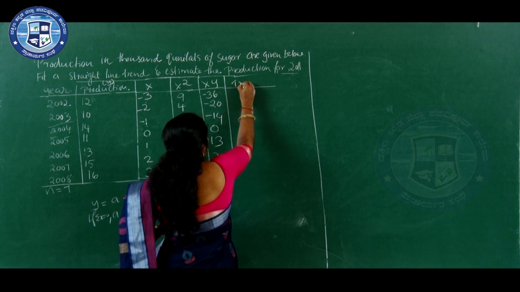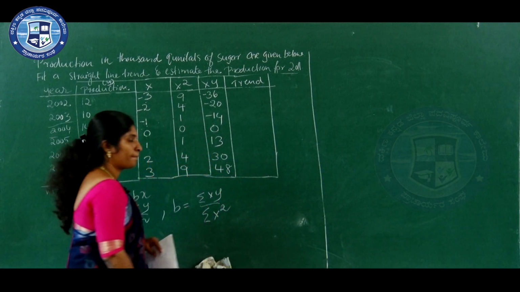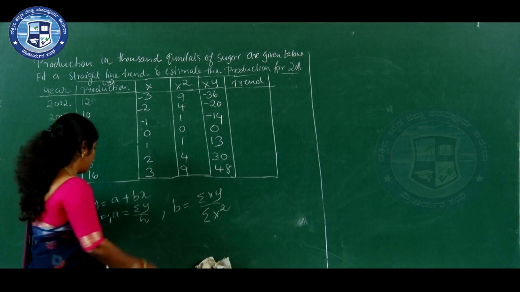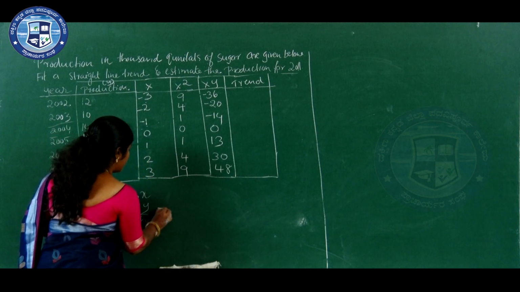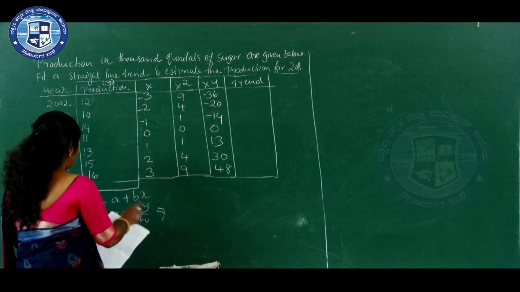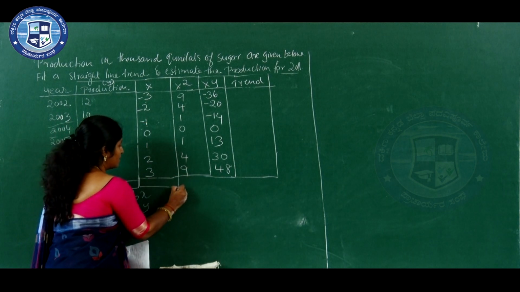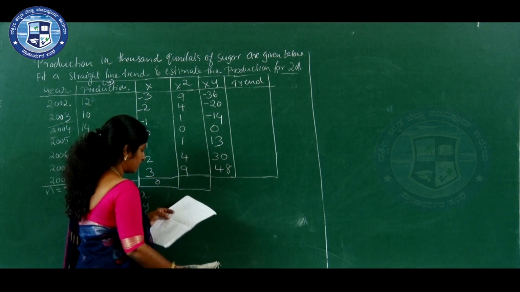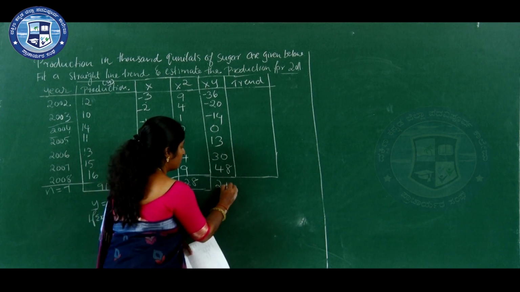Last, you have to obtain the trend values. The straight line equation is given by y is equal to a plus bx, where a is equal to summation y divided by n. Summation y is 91, summation x is 0, summation x square is 28, and summation xy is 21.